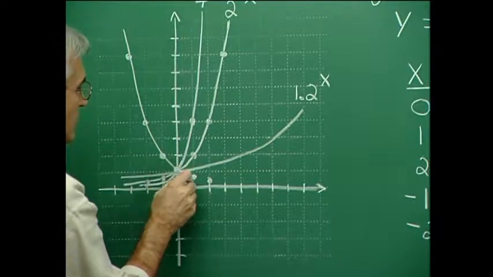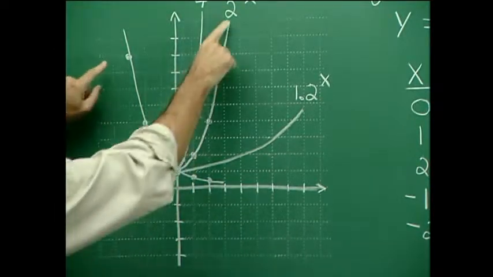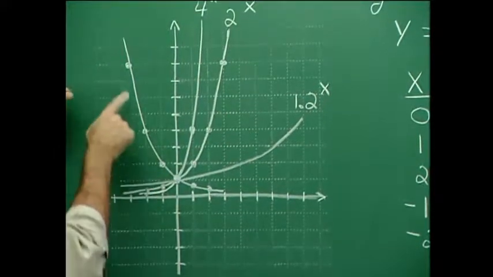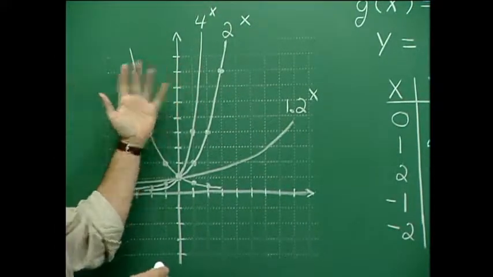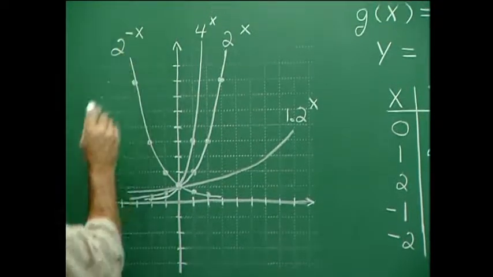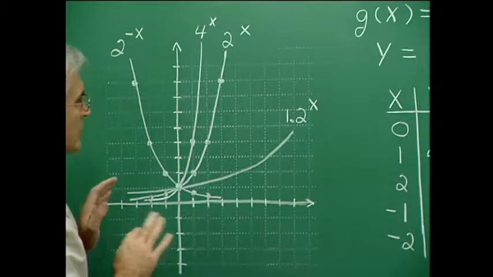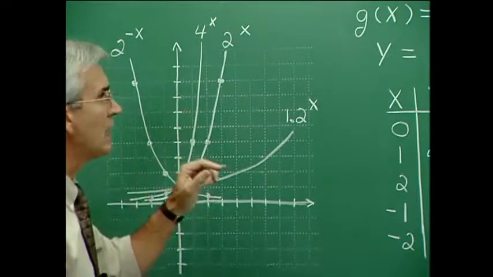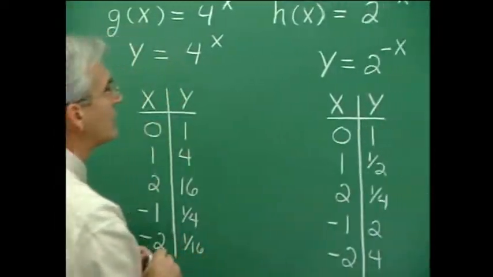You may notice that this is a reflection of our first graph. That is, here was our first graph, and if we reflect it in the y-axis, then it imprints right here. So this is 2 to the negative x power. Now, why is that happening? We studied reflections and transformations in a previous chapter, and if we rewrite this in a particular way, we'll see why that reflection took place.